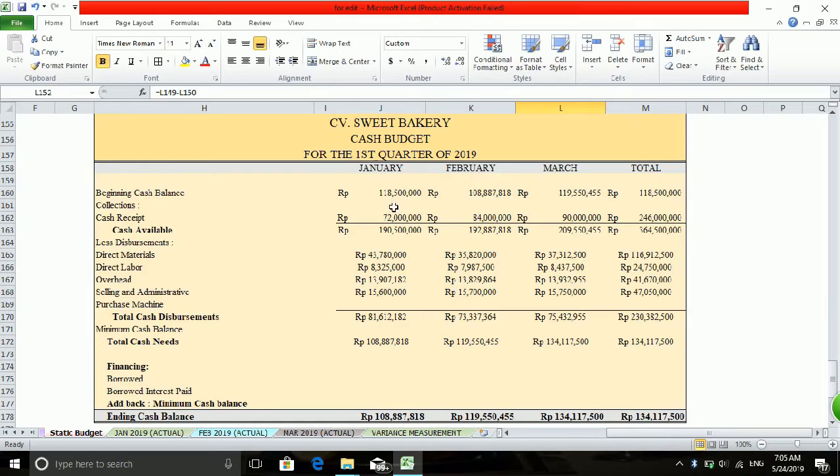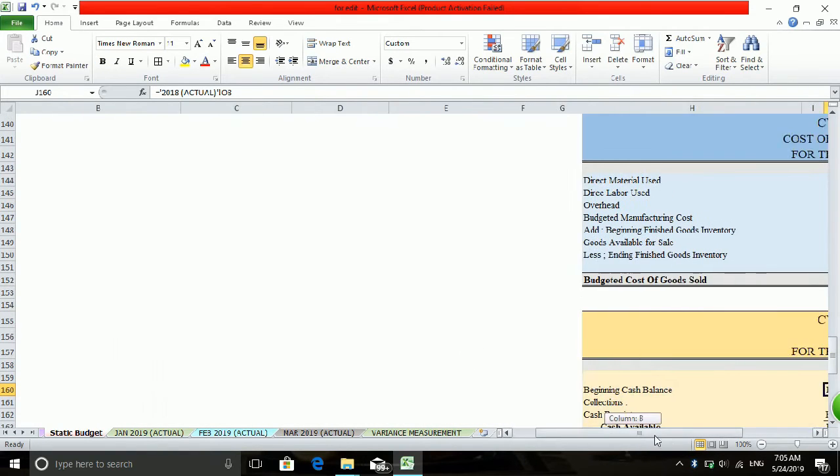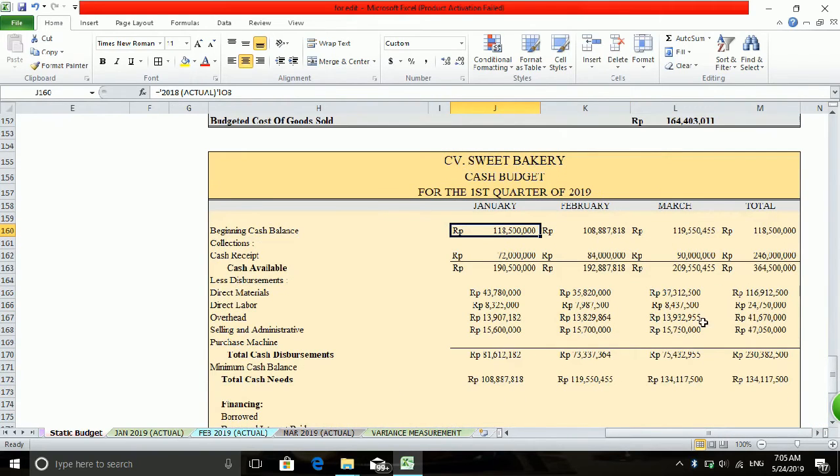The beginning cash balance is from the information. And the cash receipt is from the total sales budget in January, February, and March. Beginning cash balance plus cash receipt, and you will get cash available.